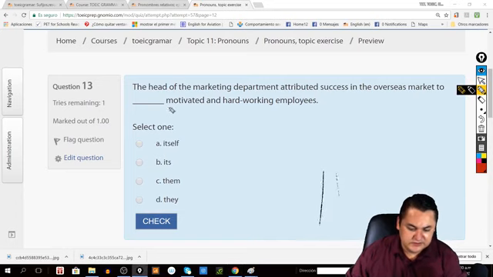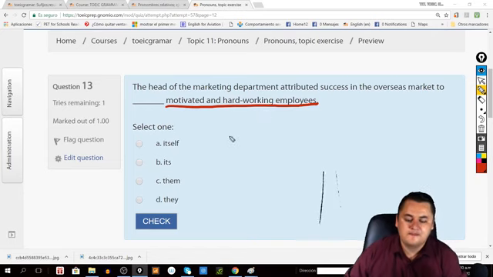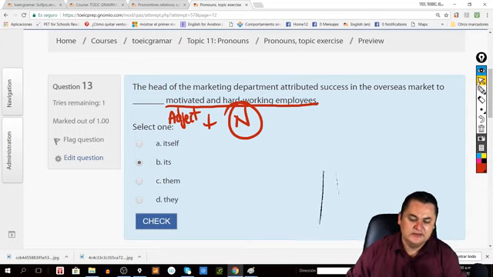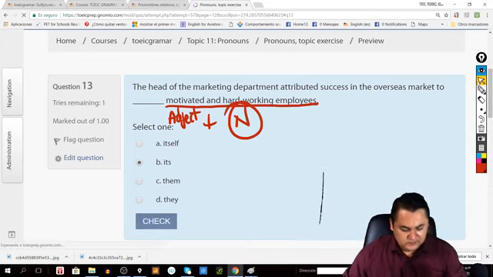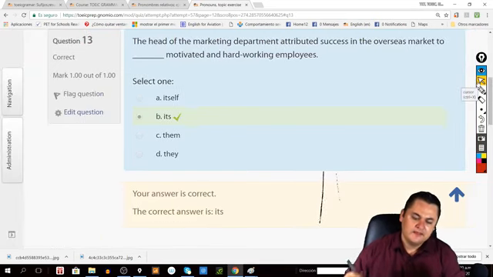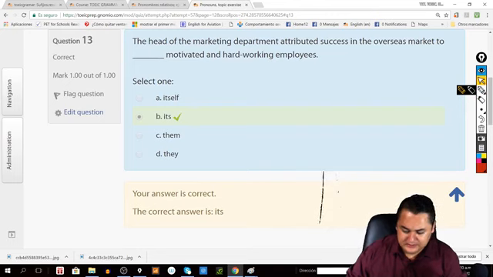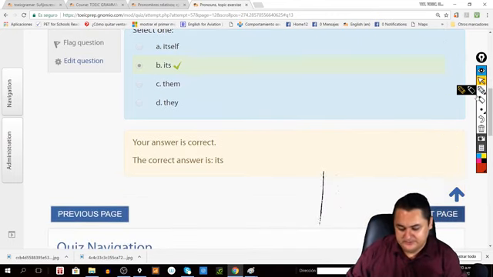Now, in this exercise, we have the word motivated and hardworking employees. That's a noun person. If it is a noun person, I'm going to need an adjective. The adjective is the word its, the possessive adjective. All we want to say in this sentence is, the head of the marketing department attributed success in the overseas market to its motivated and hardworking employees, a group of people.